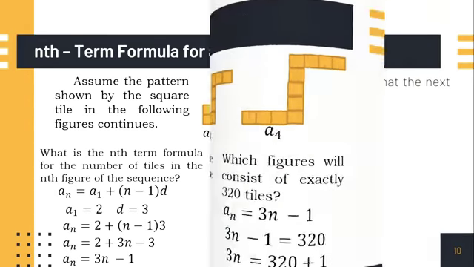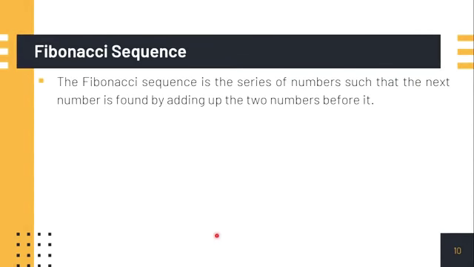Okay, next. Fibonacci sequence, this is included in the problem solving with pattern. So when you say Fibonacci sequence, that is the series of numbers such that the next number is found by adding up the two numbers before it. So we can use this formula.